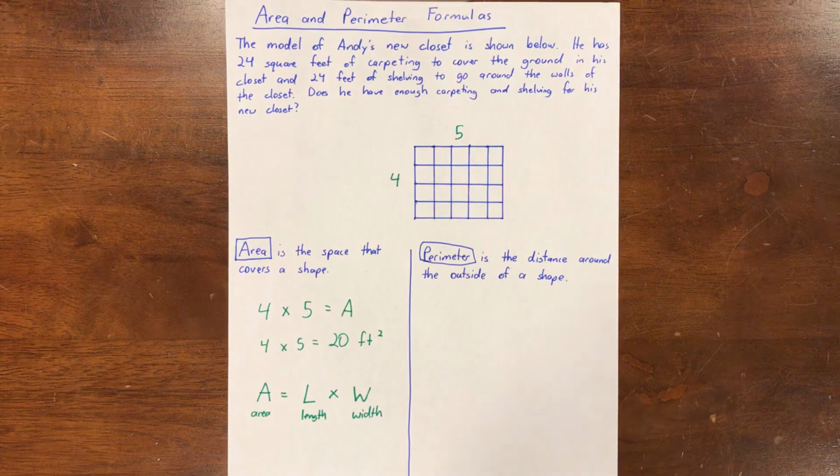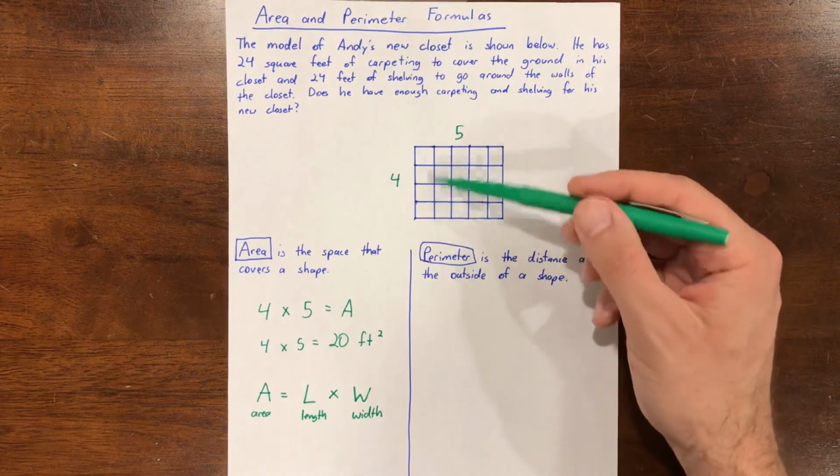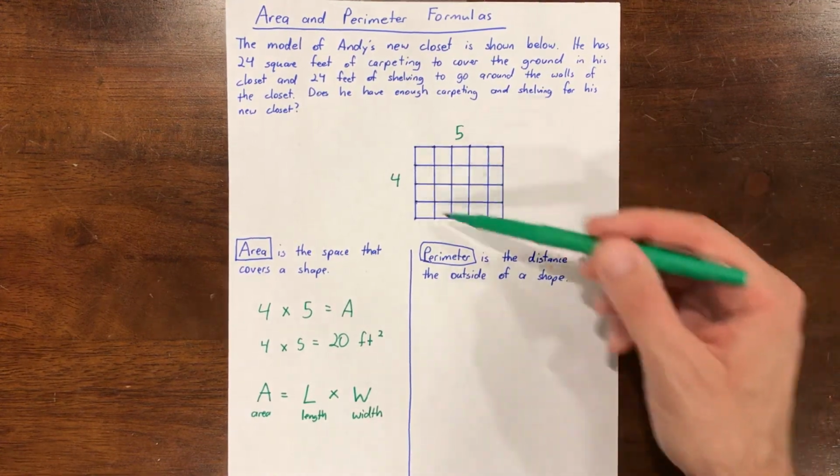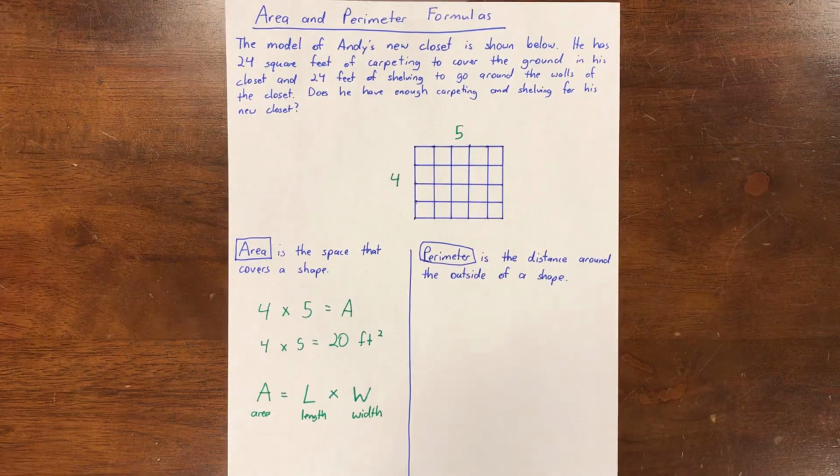Because the squares that cover the shape are like an array. We can multiply the rows times the columns, and that's going to tell us the total amount that we have.